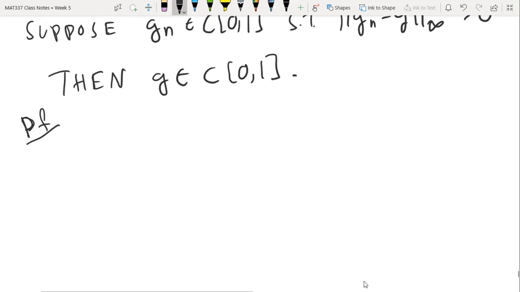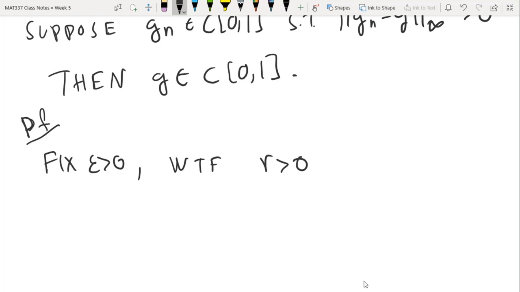Okay. What do we want to do? For all epsilon, so fix epsilon. I want to find delta or R, whatever you're comfortable. So fix epsilon and x naught in [0,1].